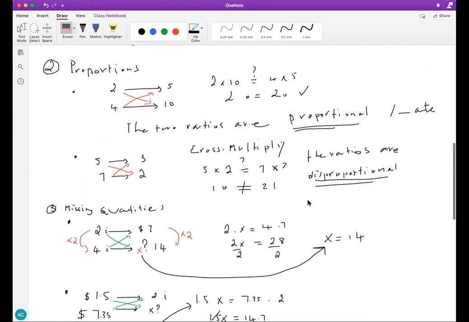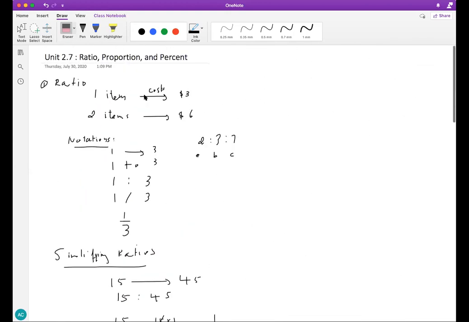Now, let's throw in another term, percents. So ratios, proportions, and percents. Percents is another very important concept to understand. It's useful almost everywhere, especially when you shop. Nowadays, you see, oh, this is 18% off or 10% off or whatever off.